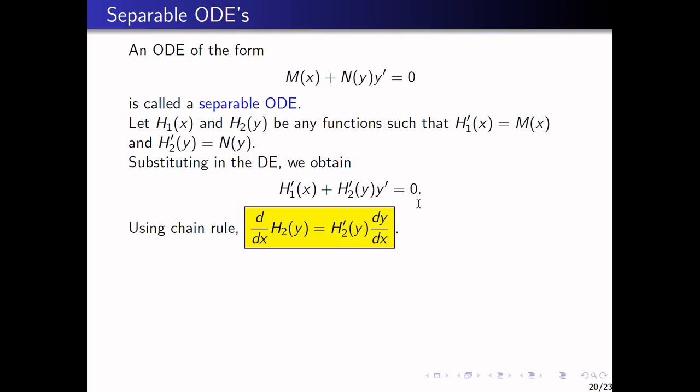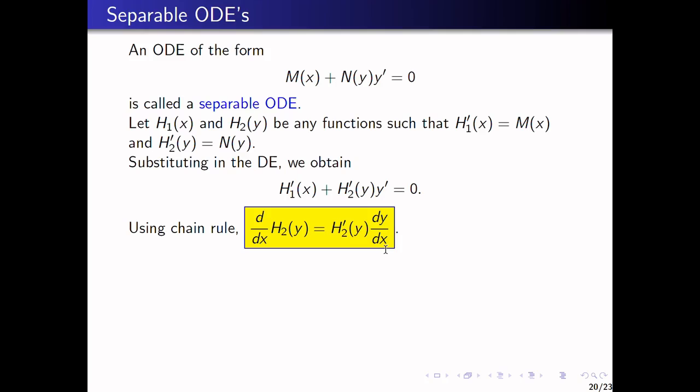Now here we can apply the chain rule to the second term, and by chain rule we get dh2(y)/dx is equal to the derivative of h2 with respect to y times the derivative of y with respect to x.